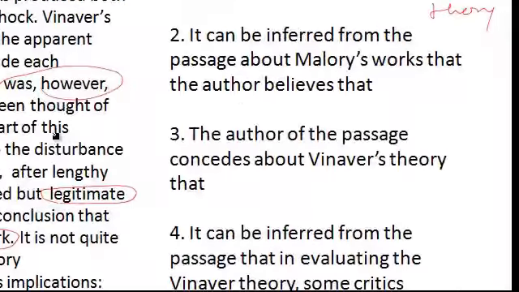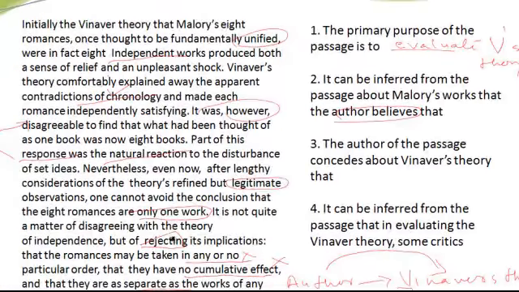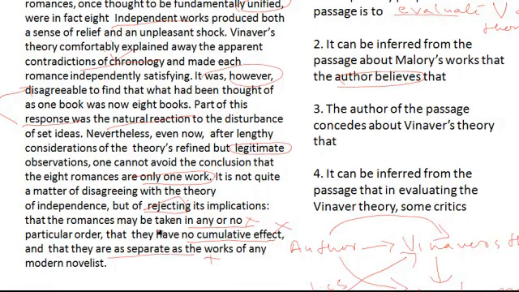The second question is, it can be inferred from the passage that the author believes what about Mallory's work? Now I think the last few statements in the passage are very important, because whatever he rejects about Vinaver's theory arises from the author's own understanding of Mallory's romances.